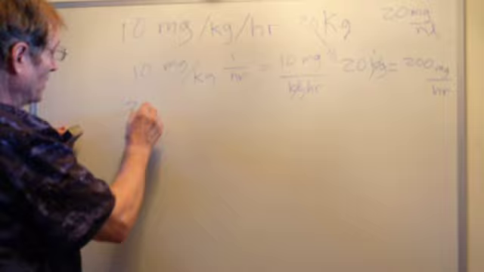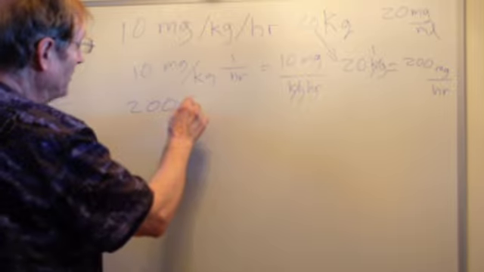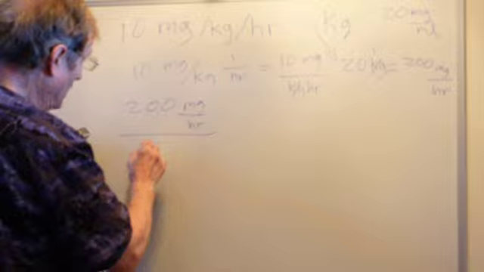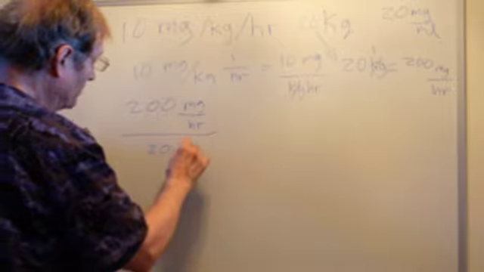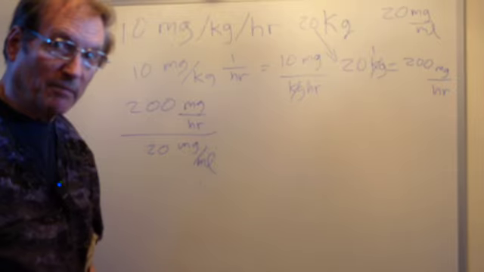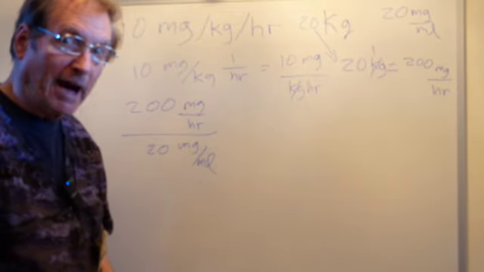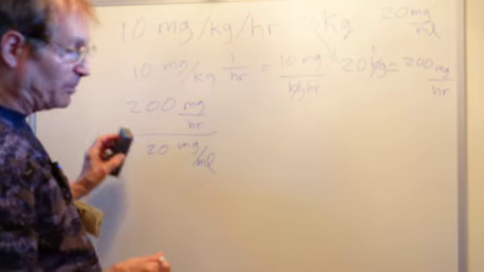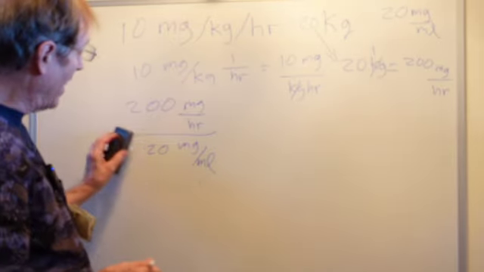So our 200 mgs per hour divided by our 20 mgs per mil, because mils is on the bottom of the denominator, I want it on the top. I put it on as the denominator so I can multiply by the reciprocal of that.